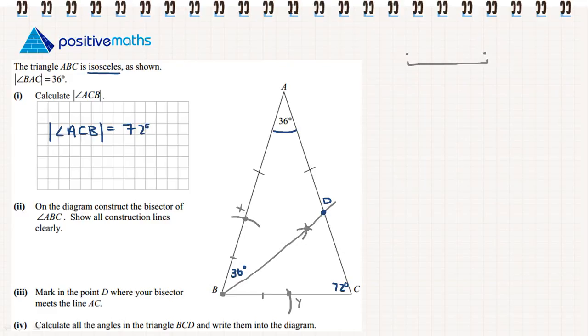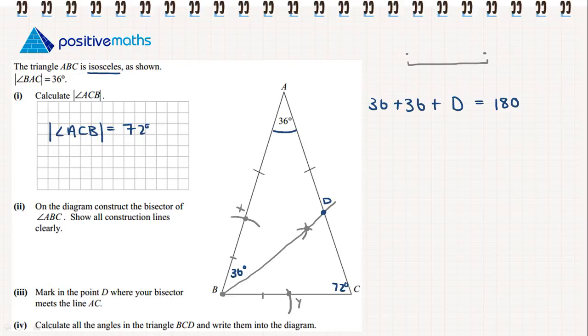Now we can use the law that we've used already, the sum of the three angles in a triangle add up to 180 degrees, to find the angle ADB. So we know that 36 plus 36 plus the angle at D, which I'm just going to denote by the capital letter D, is equal to 180 degrees.